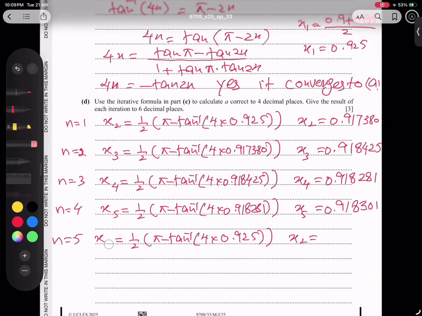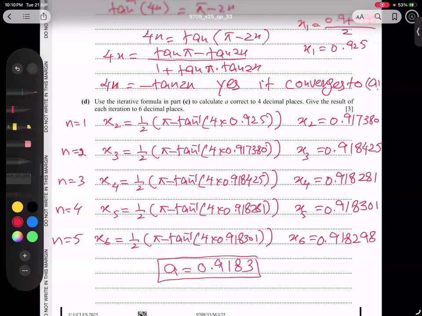So this is 6 and this is 6. What value do we get for x6? With 0.918301, when I check it I got 0.918298. If we round it, the answer A is 0.9183, because we have observed that this number is 3 and this number is also 3.